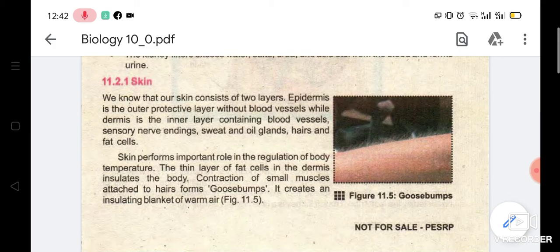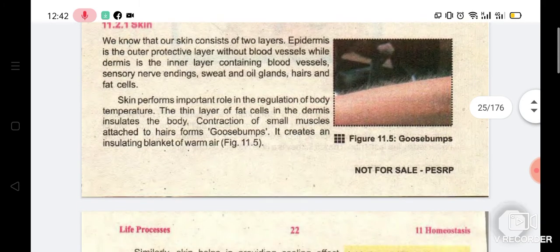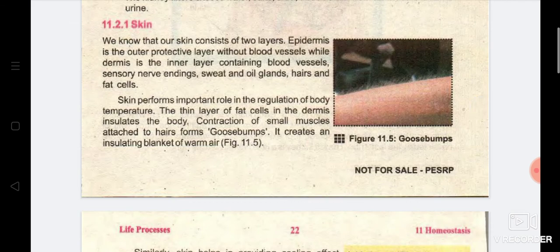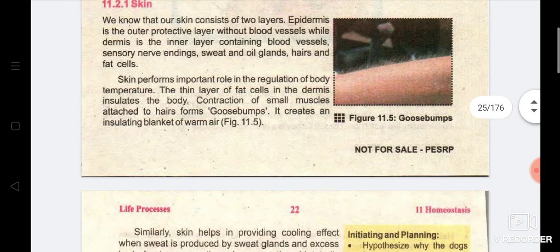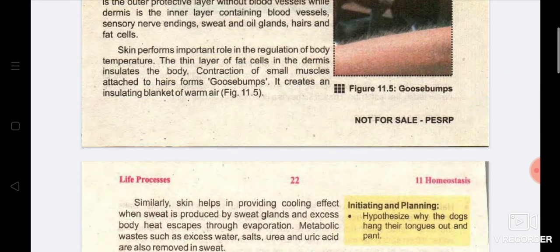We know that our skin consists of two layers, as I told you before. The epidermis is the outer protective layer without blood vessels, while the dermis is the inner layer containing blood vessels, sensory nerve endings, sweat and oil glands, hairs, and fat cells. I have made this clearer in the diagram. Skin performs an important role in the regulation of body temperature. The thick layer of fat cells in the dermis insulates the body.